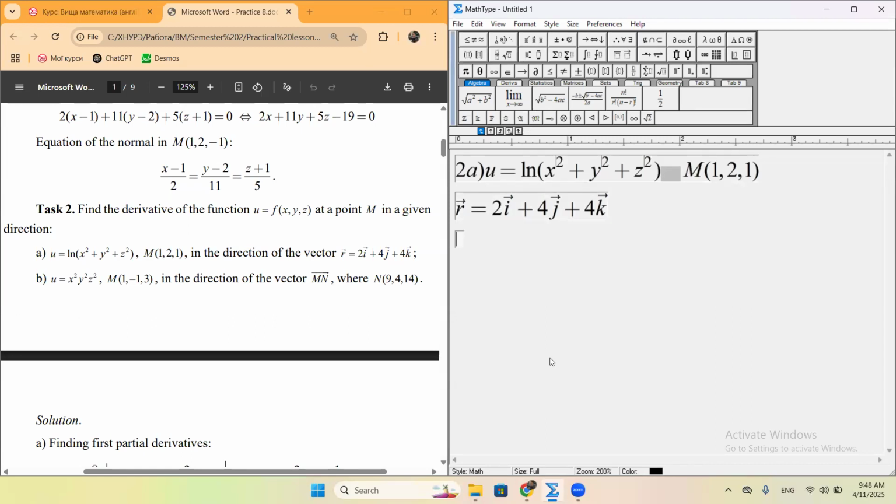How to calculate the derivative in a given direction?